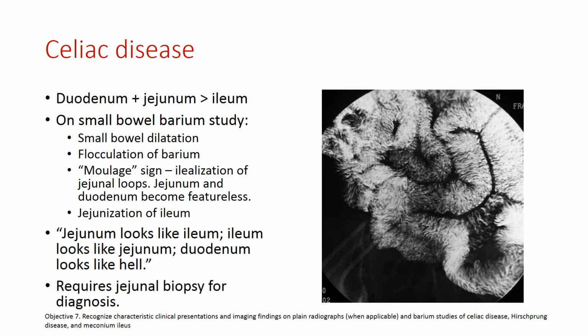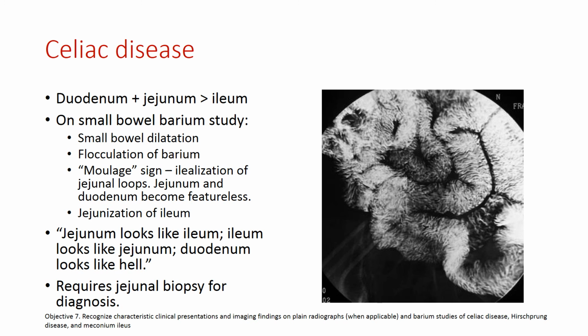But the moulage sign just basically means that the loops of the jejunum that normally have a feather boa appearance now look like you've spread this waxy thick makeup on them, and we don't see all those folds. In fact, they look a lot more like ileum. So we call that ileization of the jejunal loops, where the jejunum and the duodenum just kind of become featureless.